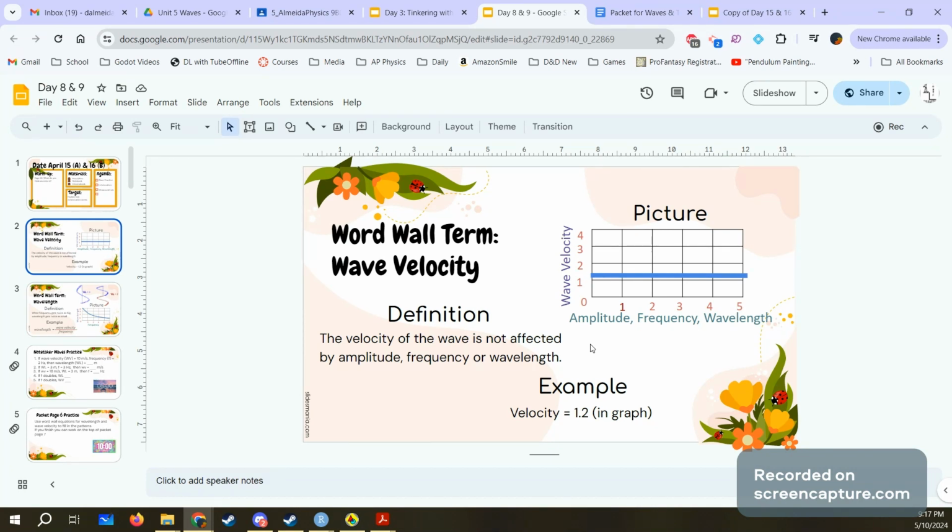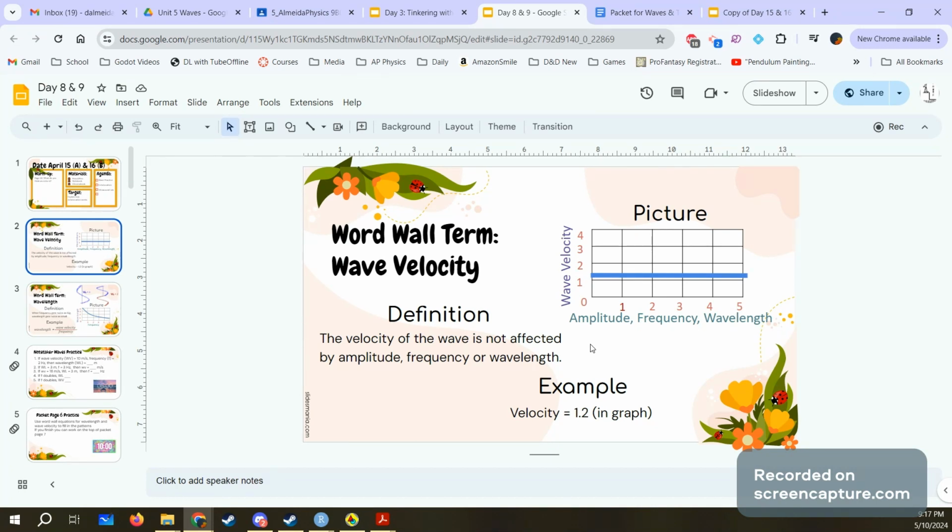We realized that the velocity or speed of the wave is constant. It doesn't change even if we mess around with the amplitude, the frequency, or the wavelength. None of those things changed the wave velocity. And so we realized that wave velocity was constant.